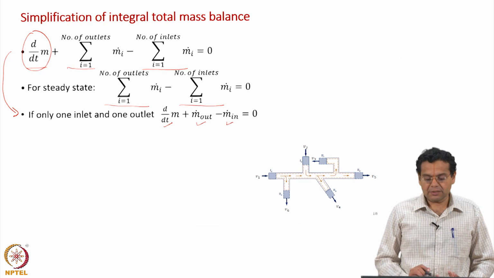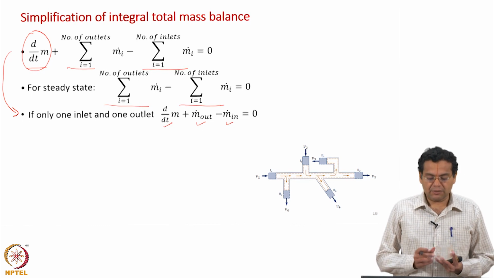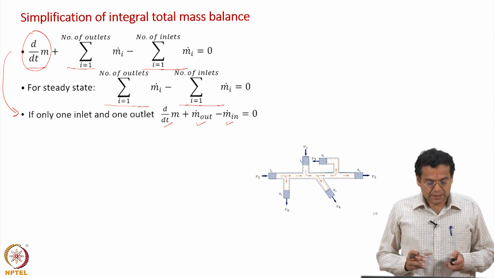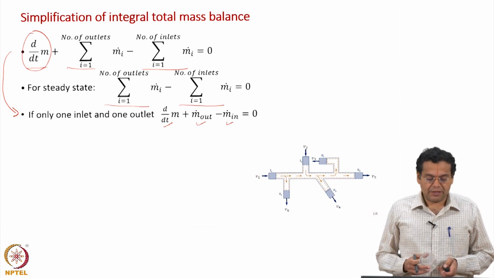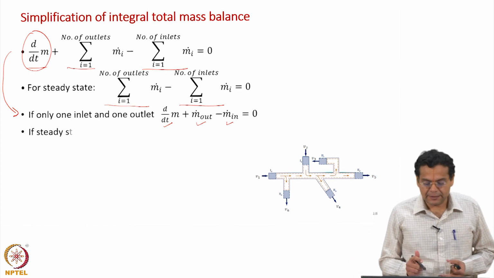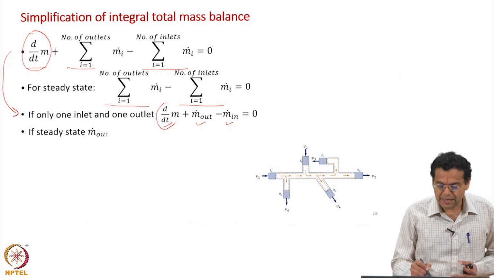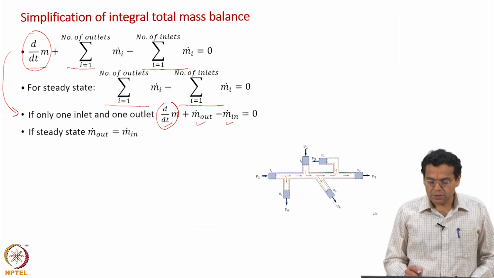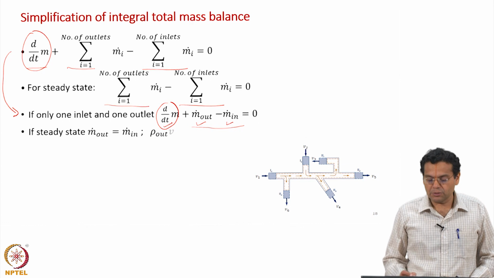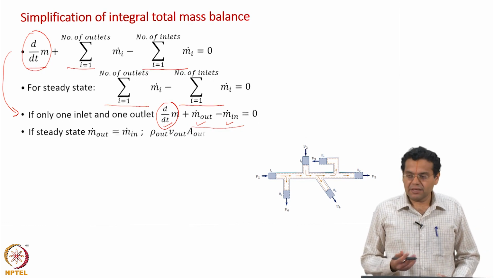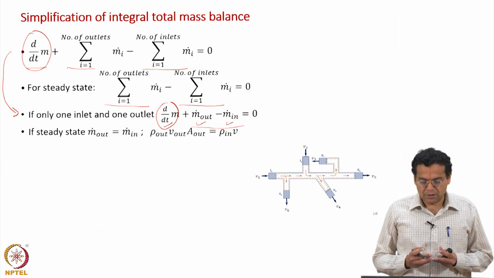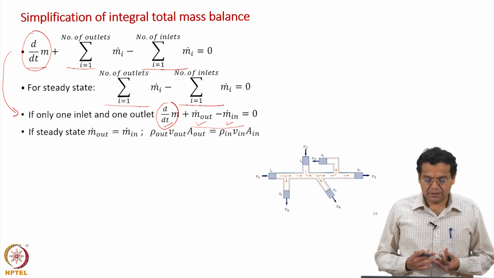Okay. Our equation becomes much simpler if it is one inlet, one outlet, and if this control volume is going to operate under a steady state condition, then this term dm by dt is 0. So, m dot out becomes equal to m dot in.